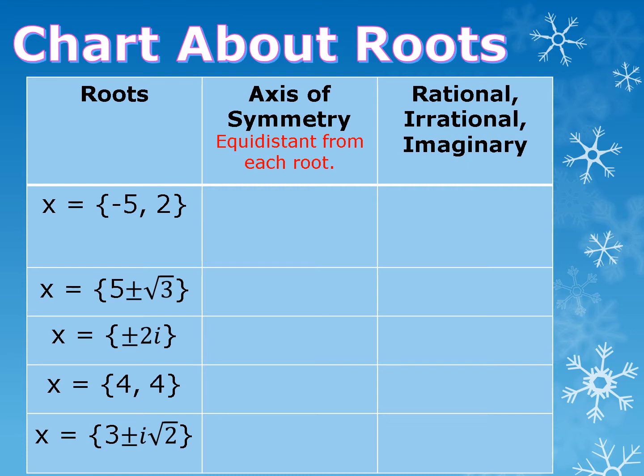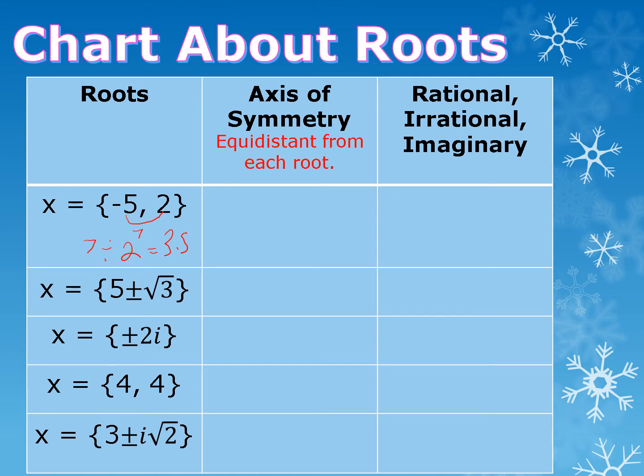So I know that I have roots of -5 and +2. Well, I know the distance from -5 to 2 is 7. So what I'm going to do is take that 7 and divide it in half, and that tells me that -5 plus 3.5 will give me the axis of symmetry.